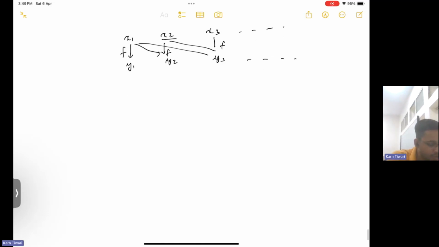The issue here is that the function is dependent upon the number of words we are trying to see, the embedding dimension. It increases as the number of inputs increases. So it's not possible actually. We always want to deal with one model. We don't want a lot of models for different length sizes.